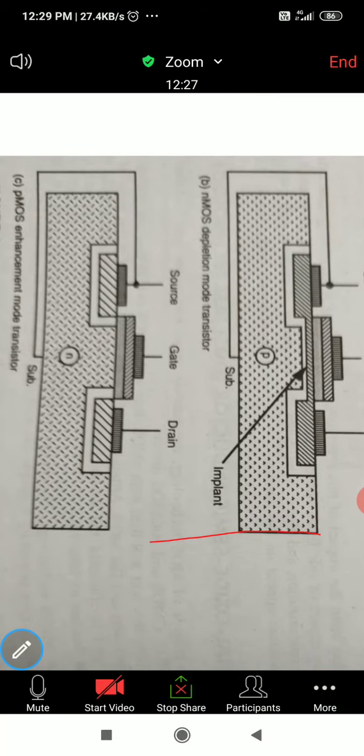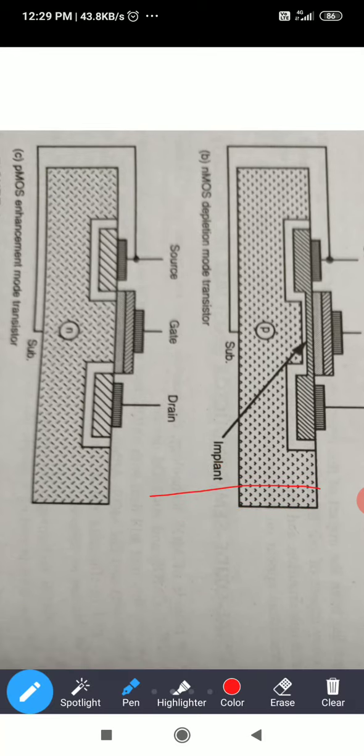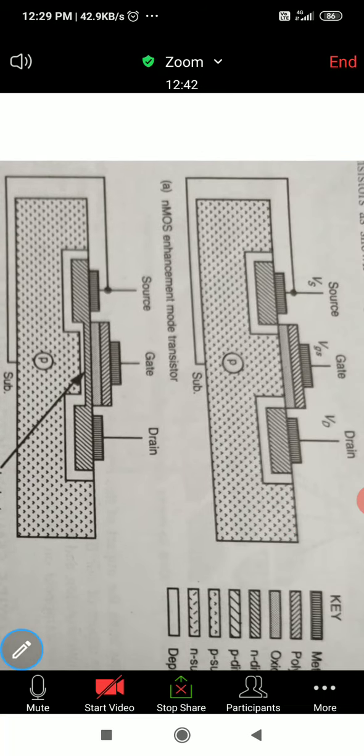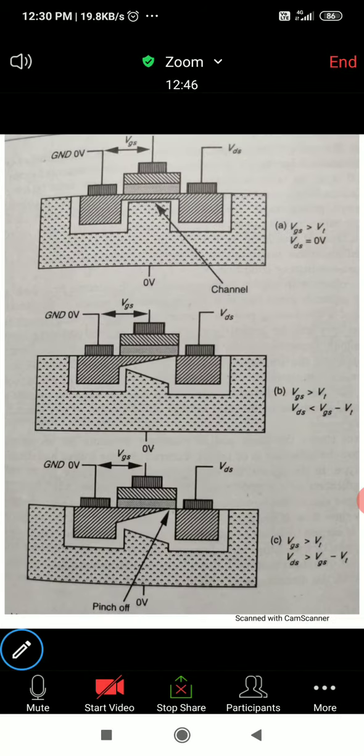Okay, here this is for PMOS enhancement mode, same as per the NMOS. Here the MOSFET operates in three regions of operation.